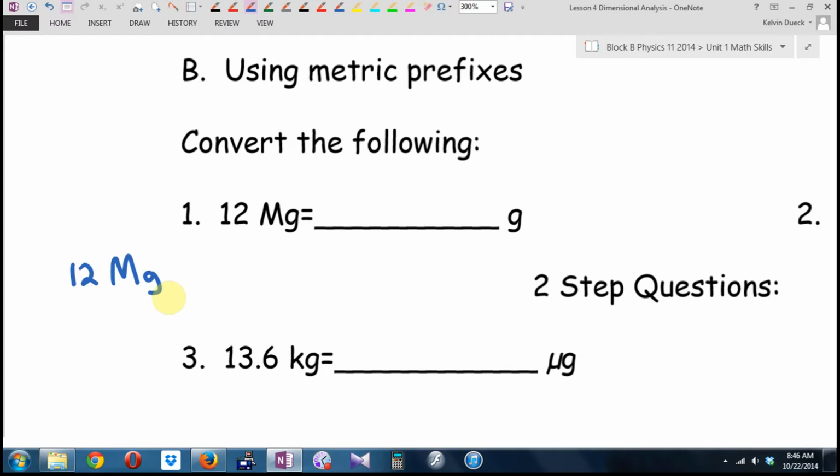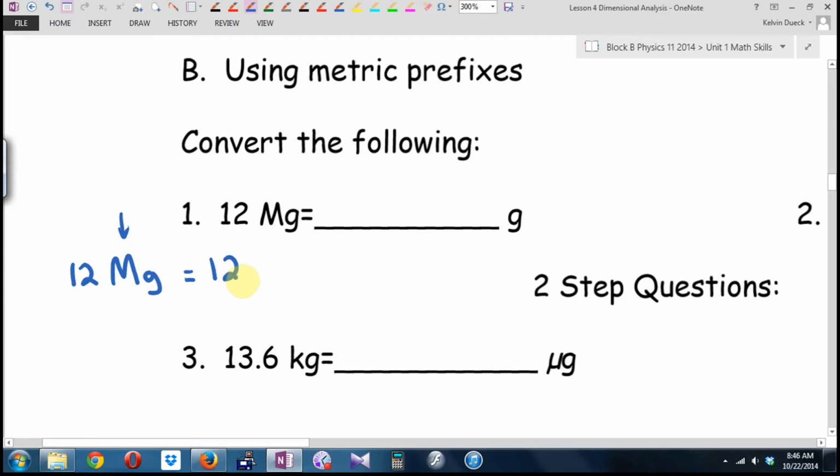What do we want to end up with? What's the G stand for just by itself? Grams. This is a one-step question because we're not going from one prefix to another prefix. We're just getting rid of the prefix. How do we do that? Well, the short way is to simply replace mega with its power of 10.